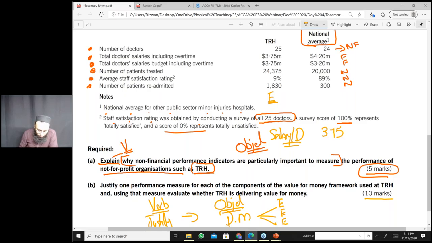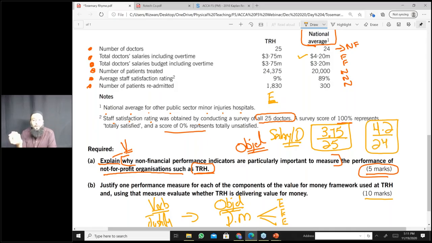It's 3.75 actual divided by 25 doctors for TRH, and second, 4.2 divided by 24 doctors. Getting the point? Is it difficult? I'll tell you the marking scheme then. So salary per doctor: the salary given to you, divided by the number of doctors.